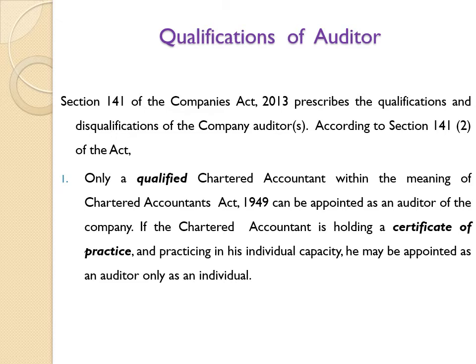That is one part. Second part, I would like to highlight that is removal of auditor from his duties. So, firstly, we are concerned with qualification of auditor. Then we will concern with disqualification of auditor, and later on we will concern with removal of auditor from his duties.